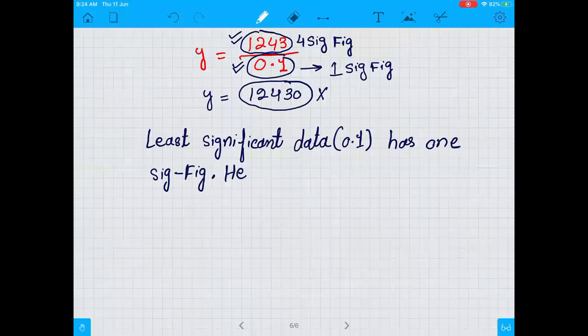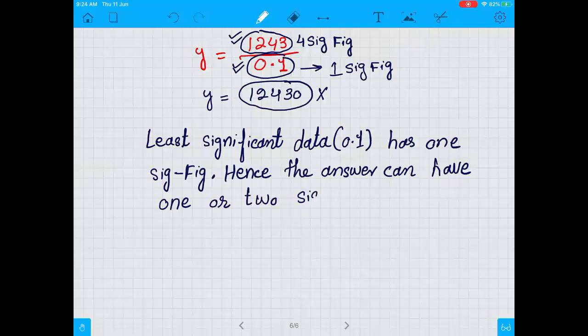Hence, the answer can have one or two significant figures. So if the least data has one significant figure, then either the answer will have one significant figure, or it can have one significant figure more, that is two significant figures.